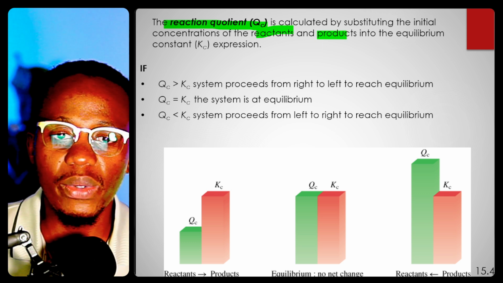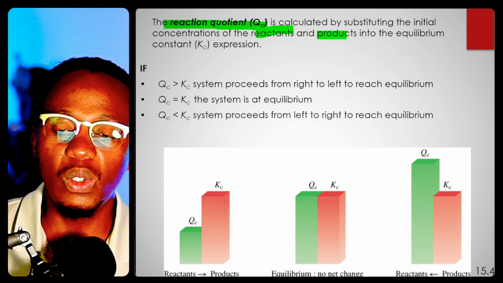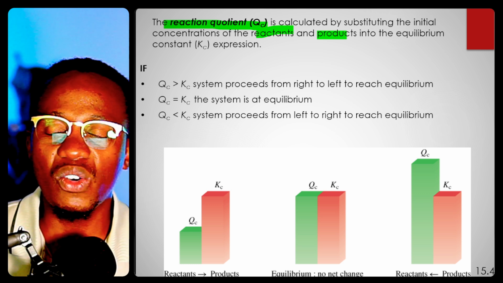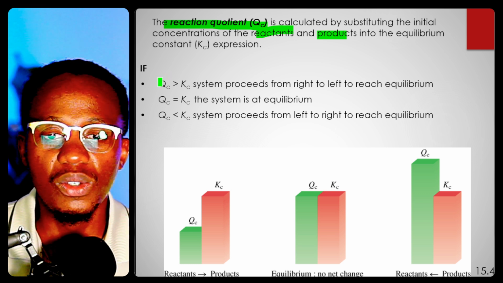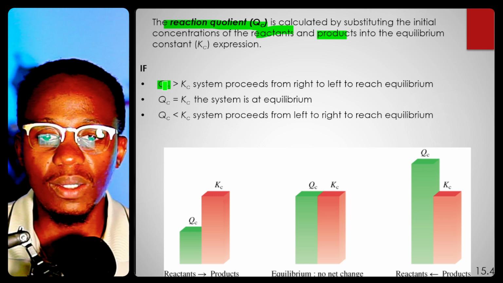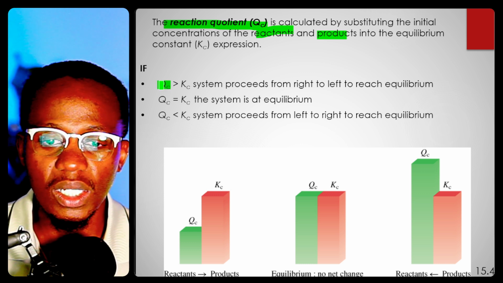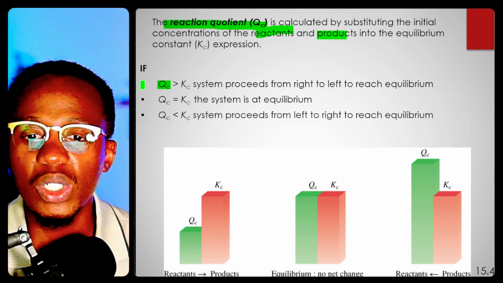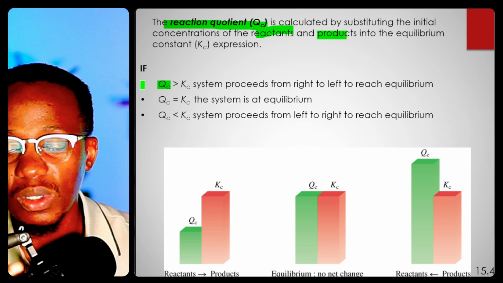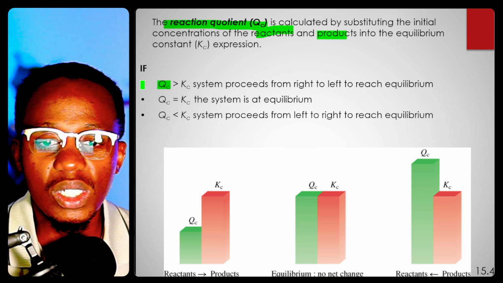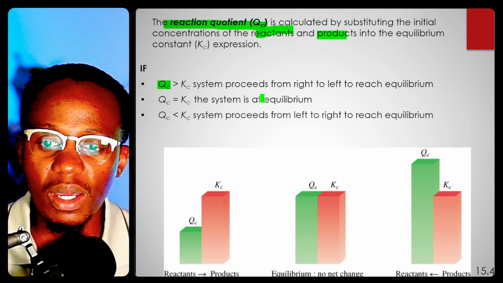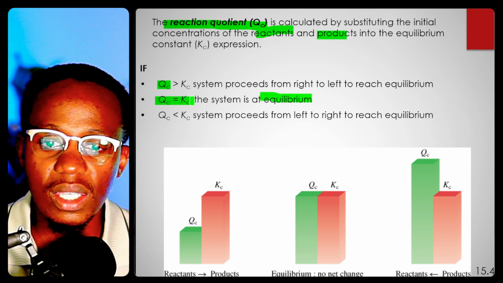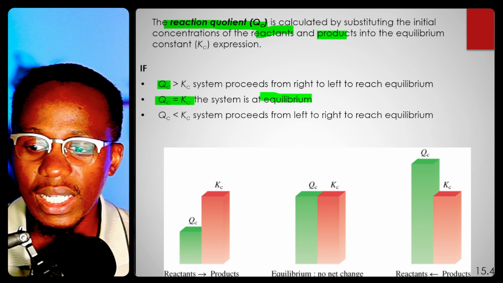So it's not the concentrations at equilibrium, it is the initial concentrations, right? You see Qc as well. We call it a quotient. It's a concentration quotient, so it's not an equilibrium constant. But at equilibrium, Qc is equal to Kc, right?